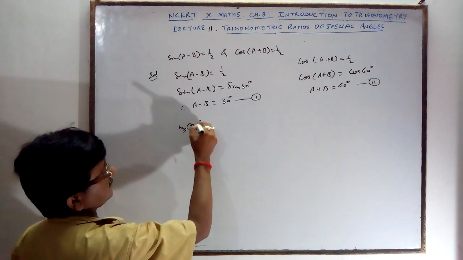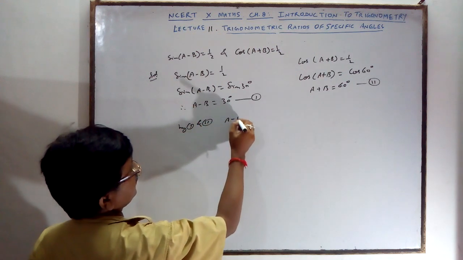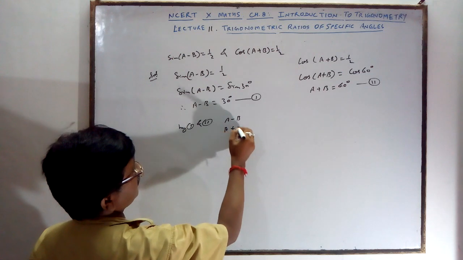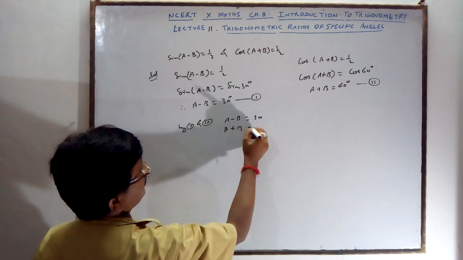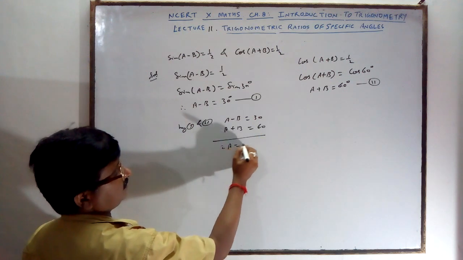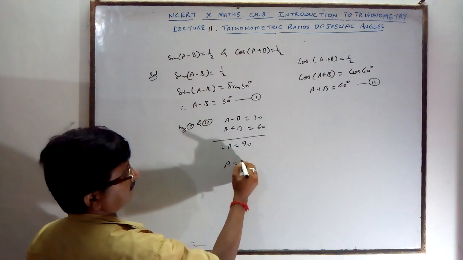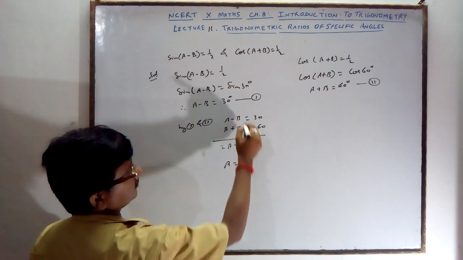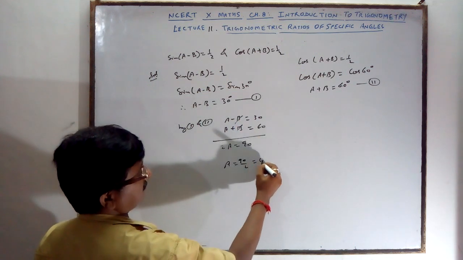By the first and second, you are getting A minus B and A plus B equal to 30 and 60. Add: 2A is equal to 90, then what is A? 90 by 2, that is 45 degree.